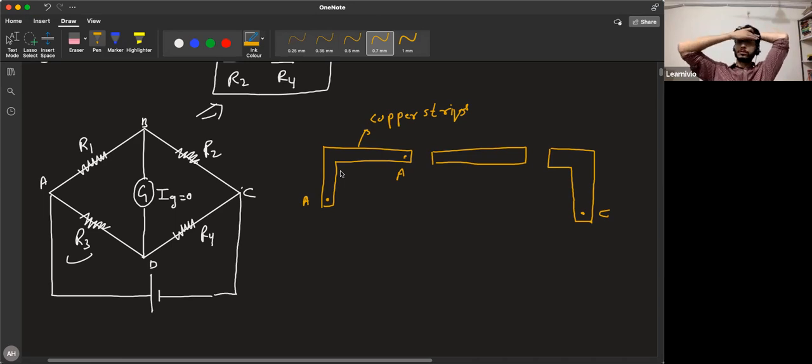Oh, no. Because it's a conductor, all points on a conductor are at the same potential. If this is C, then this is also C. These are identical points. If you take a wire and say the potential over this end is 10 volt, then the potential here is also 10 volt. All points are at the same potential.